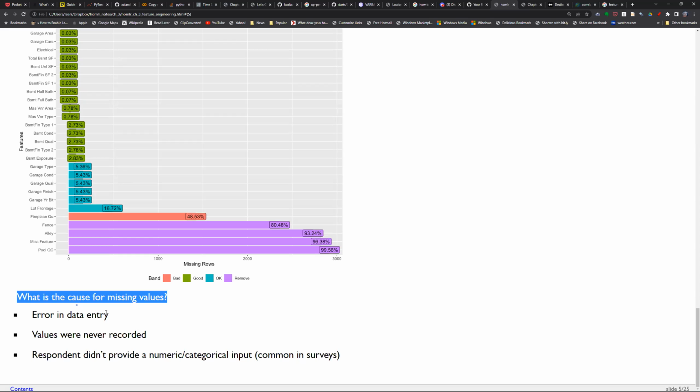So there could be some errors in the data entry. Unless it's a device, and a device can also generate errors, but if it's a human, we know that humans err. So maybe that's a possibility, depending on how the data behaves.